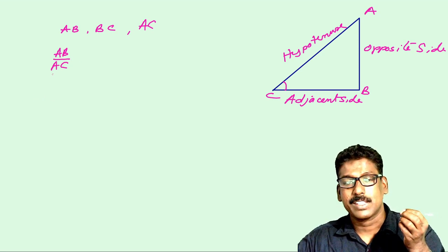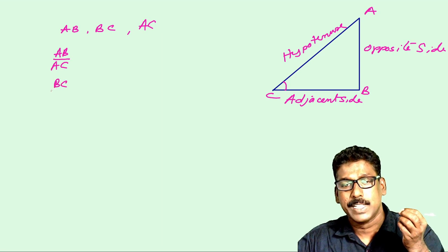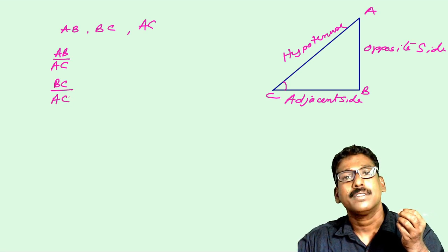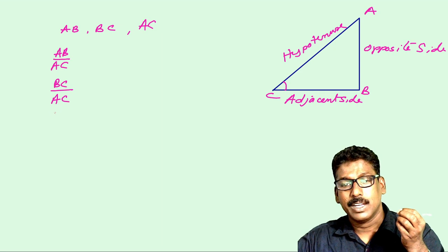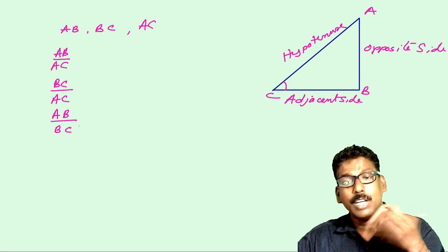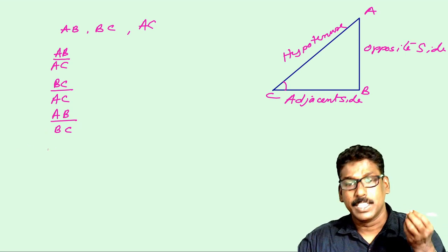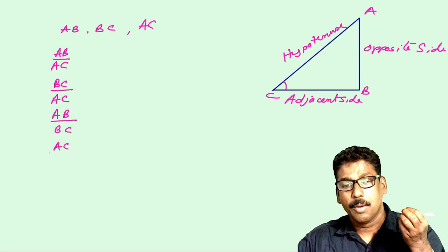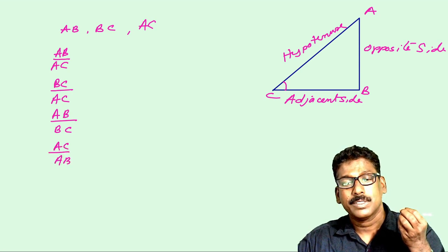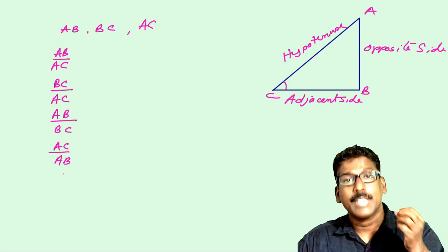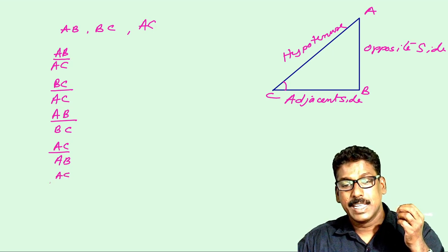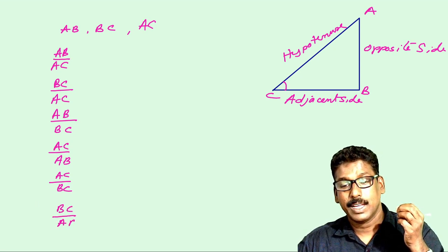Of course, the next ratio we can take as BC by AC, and the third ratio you can write as AB by BC. Now take the reciprocal of these three, that is AC by AB, then AC by BC, and the last is BC by AB.